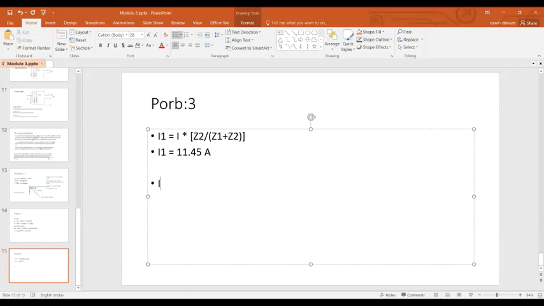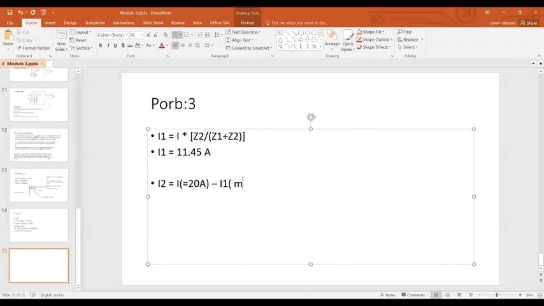And for I2, you can once again apply the current division rule, or you can just subtract I1 from the main current. So I2 is basically the main current I, which is given as 20 amperes, minus I1.